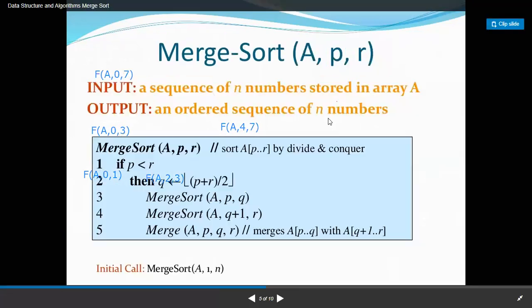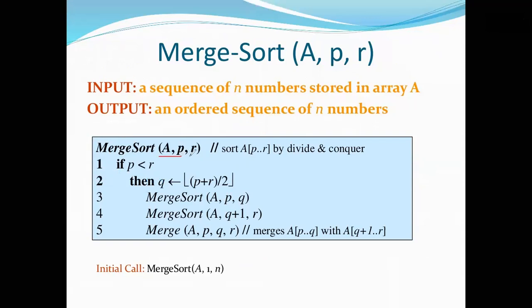Okay, let's go to the next one. Here, first we'll call the merge sort function. First we check whether p is less than r. That means you see here what we're doing: we are calling the function on A, p, q and q plus 1, r. A initially means the whole array, p is the first index where we should have the first array, q is the second index.